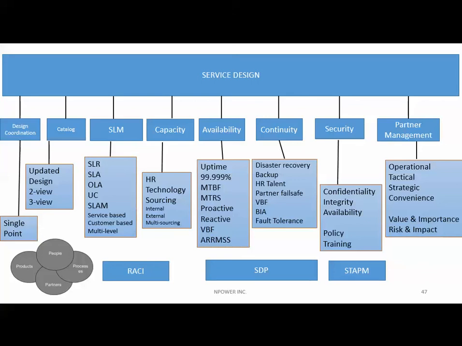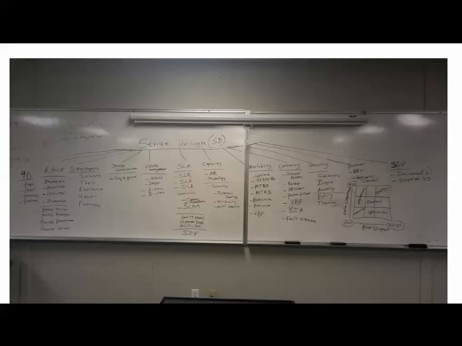Which one can we live without? The commodity or convenience. We measure this based on value, importance, risk, and impact. The higher the value and the higher the risk, the more important. And that's it. I have the whiteboard version of it here.